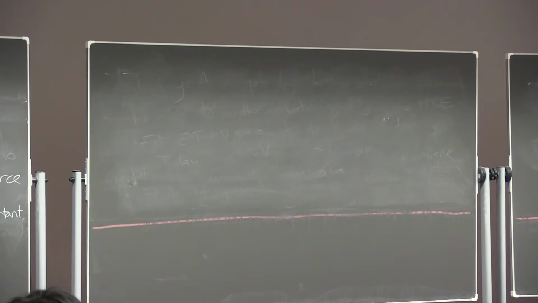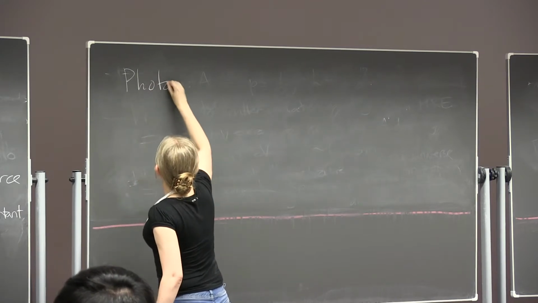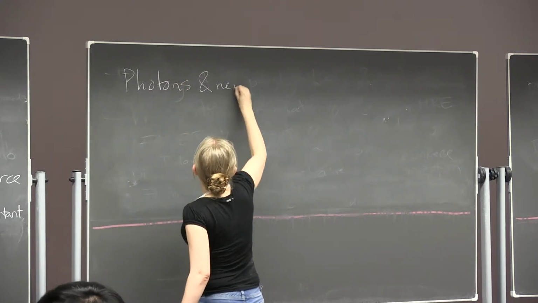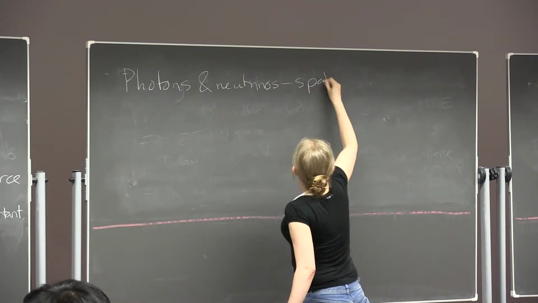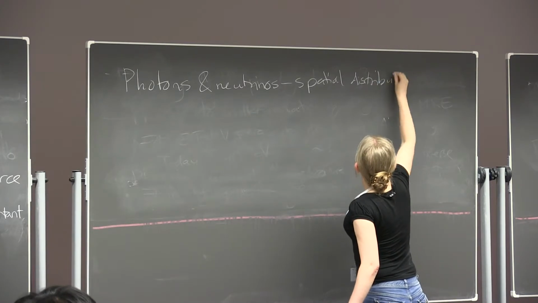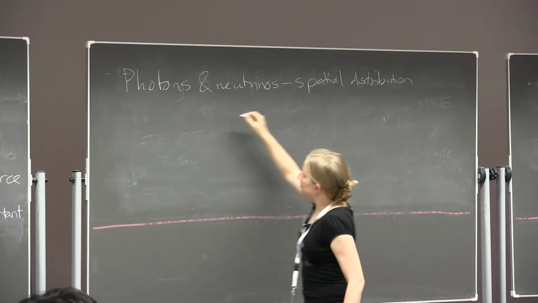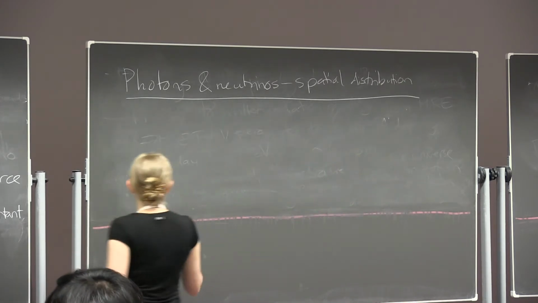Okay. So let's focus first on photons and neutrinos, and their spatial distribution. So the picture here is that the dark matter annihilates.